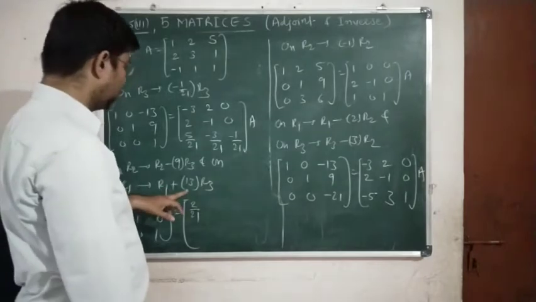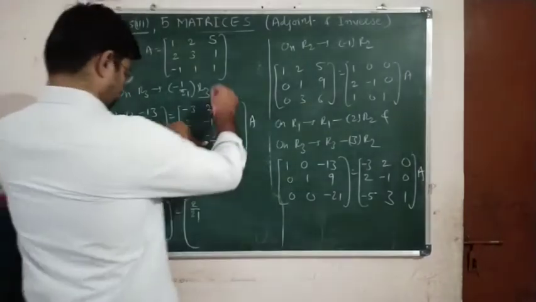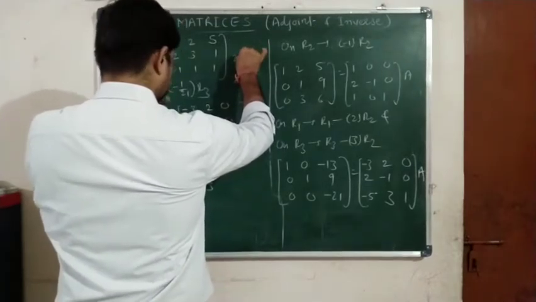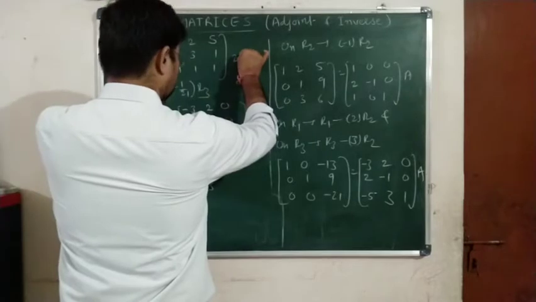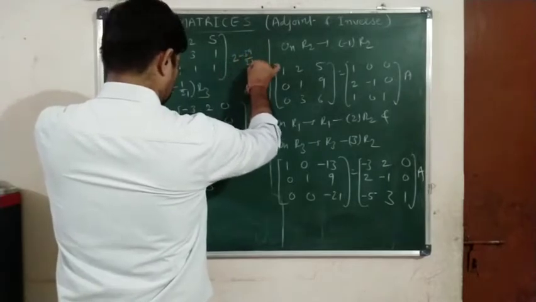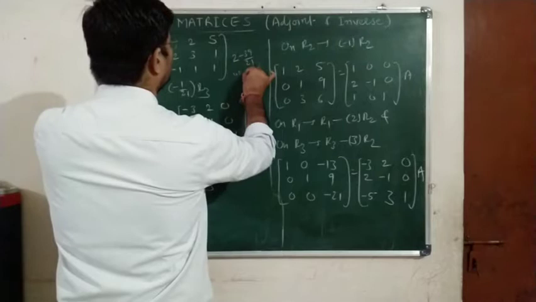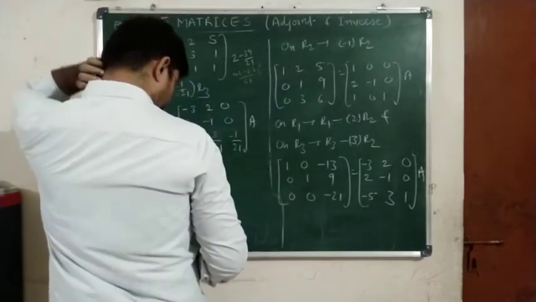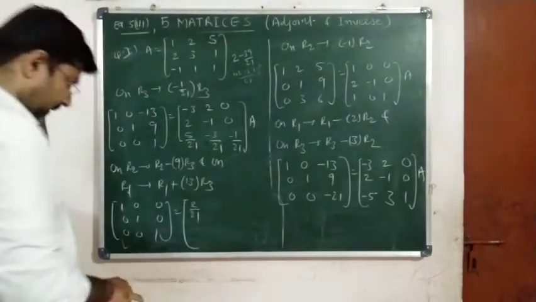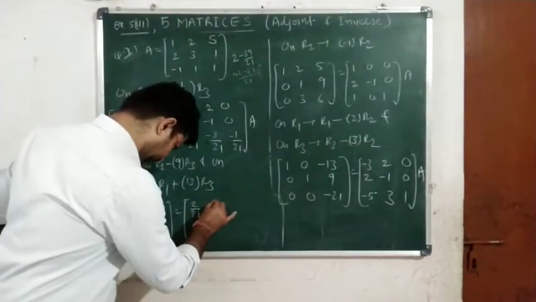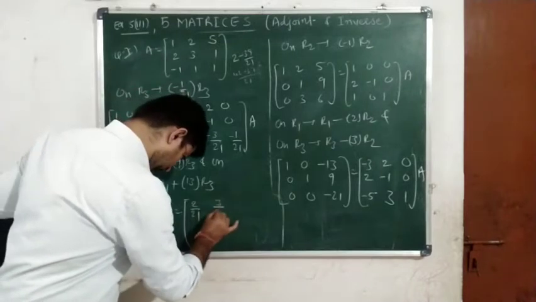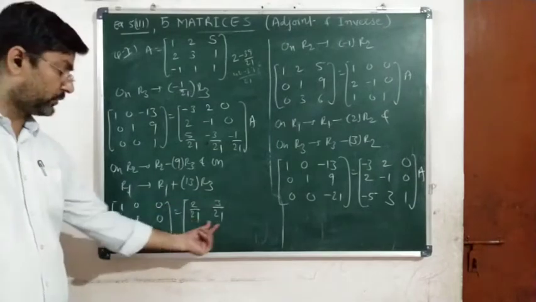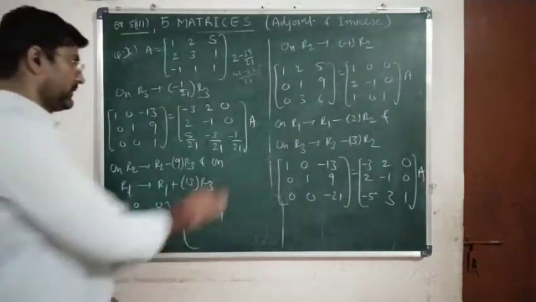Again, 2, minus 3 by 21 we will get. Though we can reduce, we will not reduce because 21 may be common in the denominator.